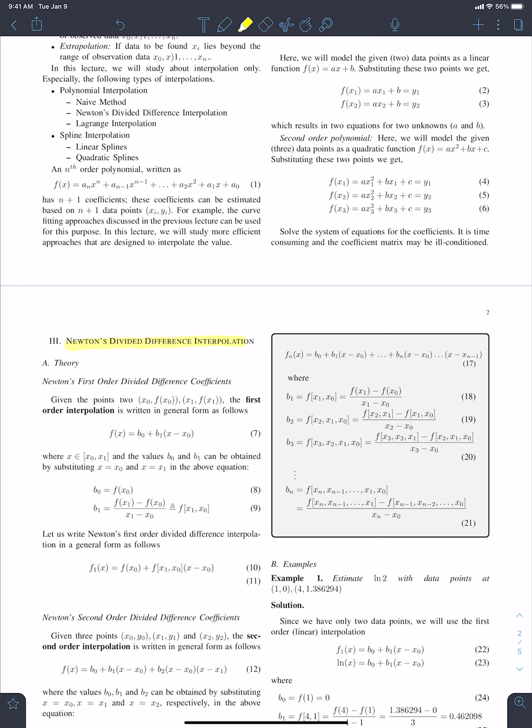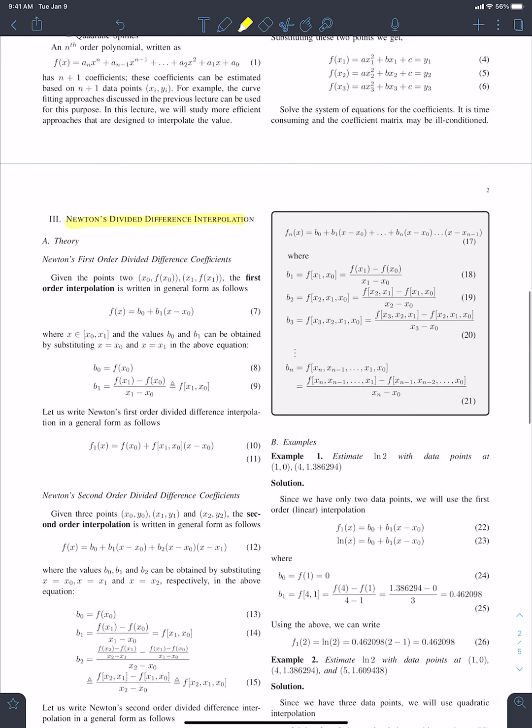So for first order interpolation, we write f(x) is b0 plus b1 times (x minus x0). Usually that's a linear equation. Usually we write the linear equation y is equal to mx plus c, or in polynomial interpolation we wrote y is equal to a0 plus a1x, but here we are writing y is equal to b0 plus b1 times (x minus x0), where x0 is known.